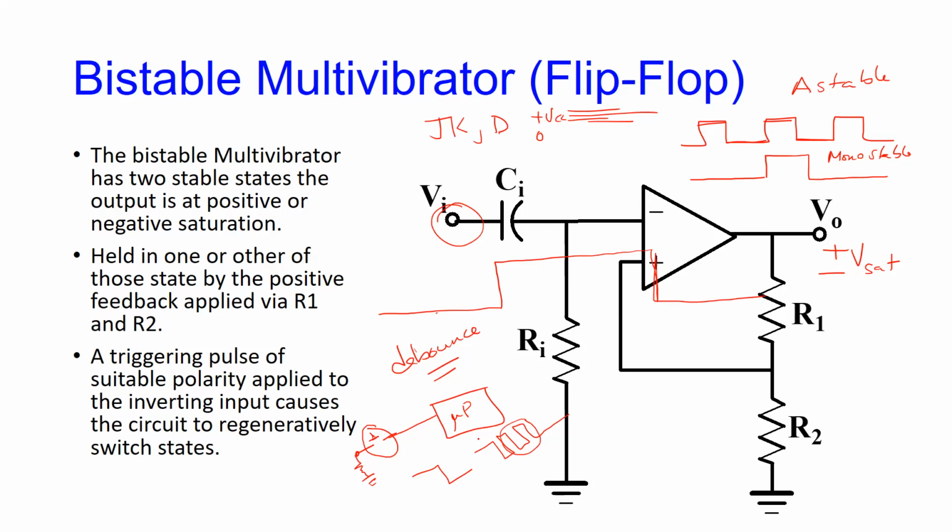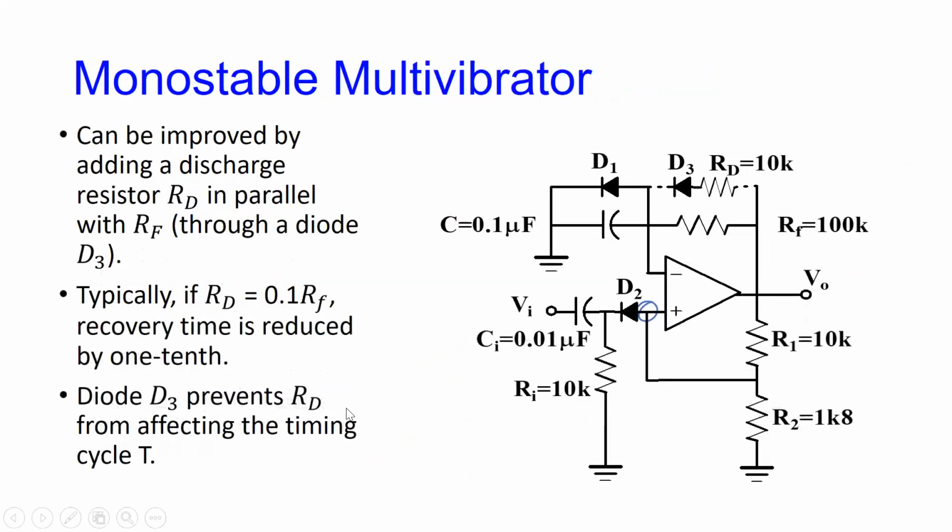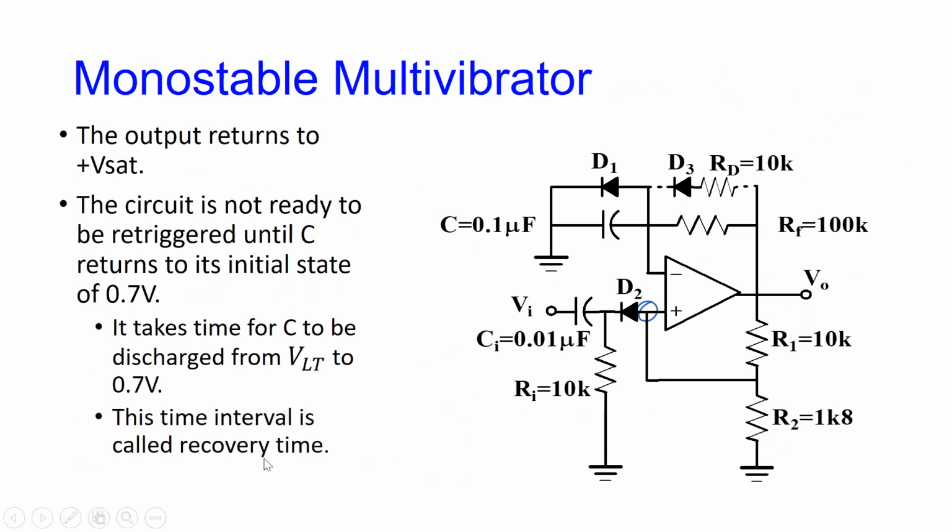To avoid this kind of thing, what they do is send it through a monostable. So at the first pulse, it generates a nice clean output and ignores the remaining bounces for a little time. Remember, we just said that this circuit needs a little time to recover.